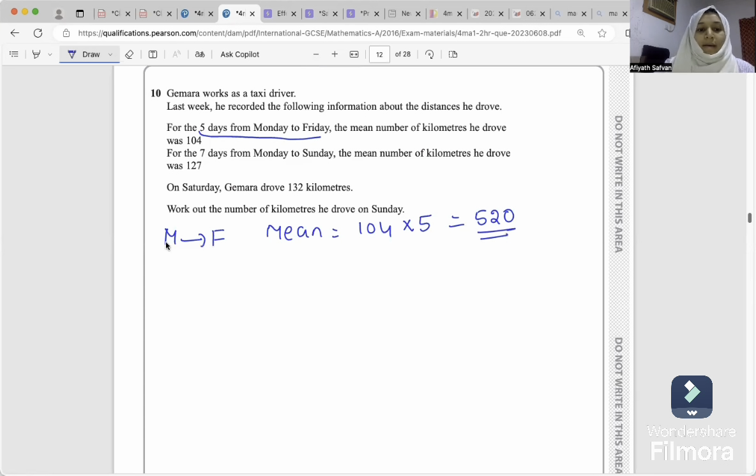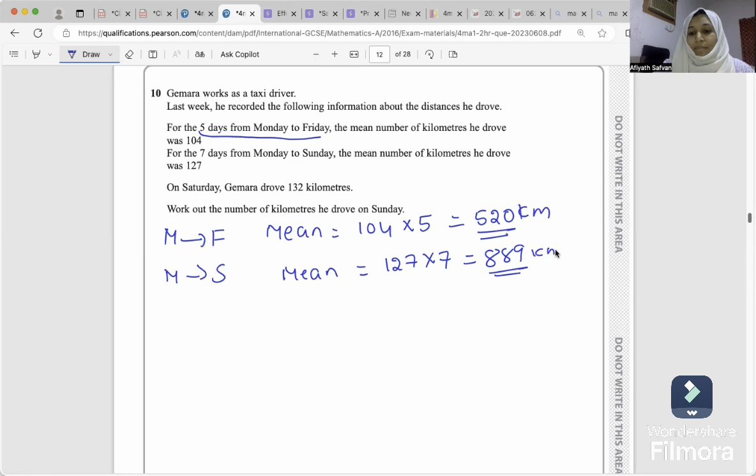Similarly, he worked from Monday to Sunday, for 7 days, and his mean value is going to be 127, multiplied by 7 days, which is 127 into 7, which is 889. And separately, on Saturday he drove 132 kilometers.